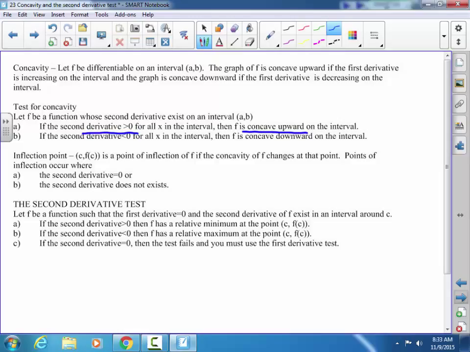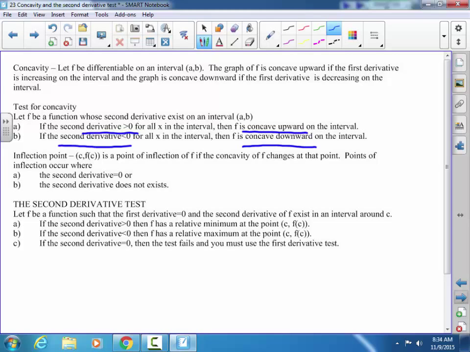If the second derivative is less than 0, then it's concave down. No, that's not counterintuitive. Upward. Second derivative is greater than 0, it's concave up. Second derivative is less than 0, it's concave down. All right, the counterintuitive part comes in here at the second derivative test.